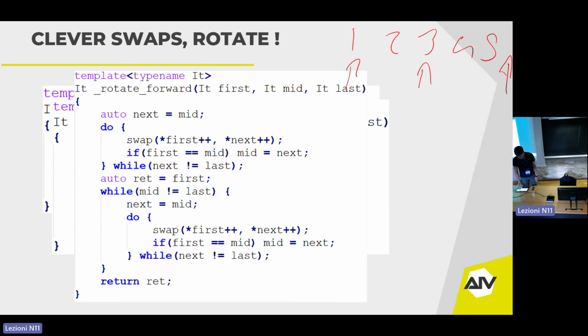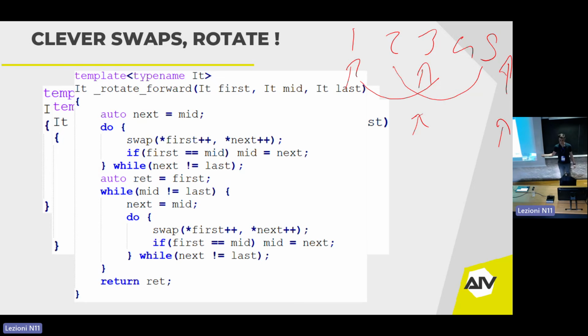What we are doing is, okay, we swap 1 with 4, we swap 2 with 5, we reach 3, so we are shifting everything ahead, so now this is begin, and this is mid, and we continue our swapping, and in the end, everything comes up together with a rotation. Again, you can check it by hand. It's a quite well-known algorithm. I didn't invent it. Clever people found that out. But yeah, it works.